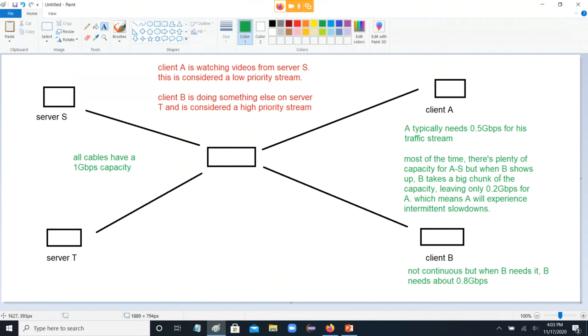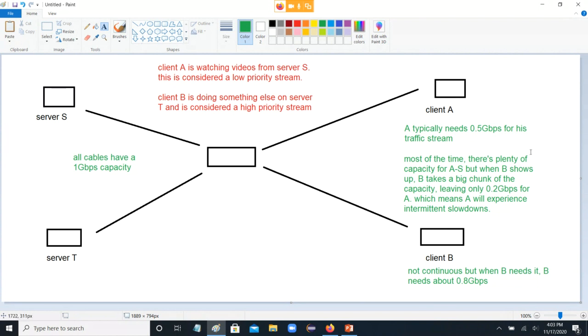A is going to notice that as occasional slowdowns. So this is where jitter comes from: generally you have multiple users with different priority levels, and one device is getting high priority and the others are getting less priority. So the lower priority ones experience that as jitter. Of course, it can happen in other ways too. It can also happen if you occasionally have multiple users and some of them are doing different things at the time, right?